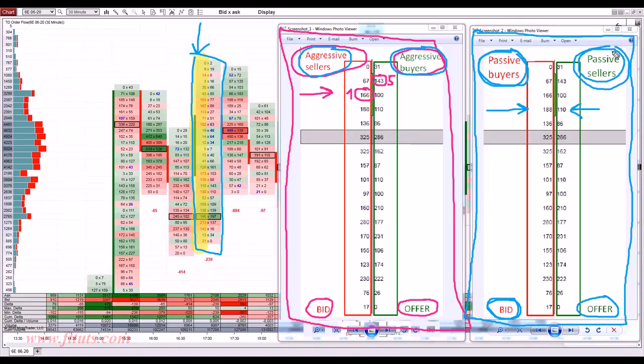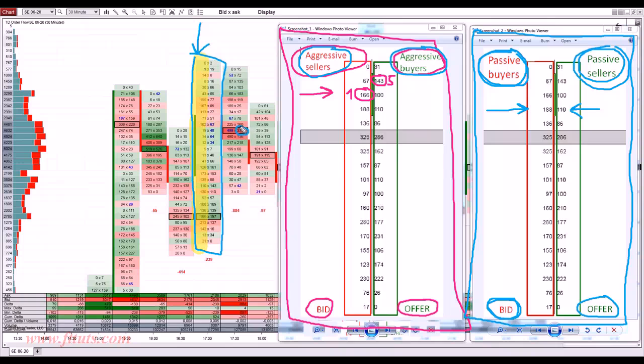So it doesn't mean that if, for example, there's a big number in here on the offer side, this automatically means that those are aggressive buyers. You need to read the context of the chart. I'll show you that, so you'll be more or less able to tell whether this is an aggressive buyer or a passive seller.